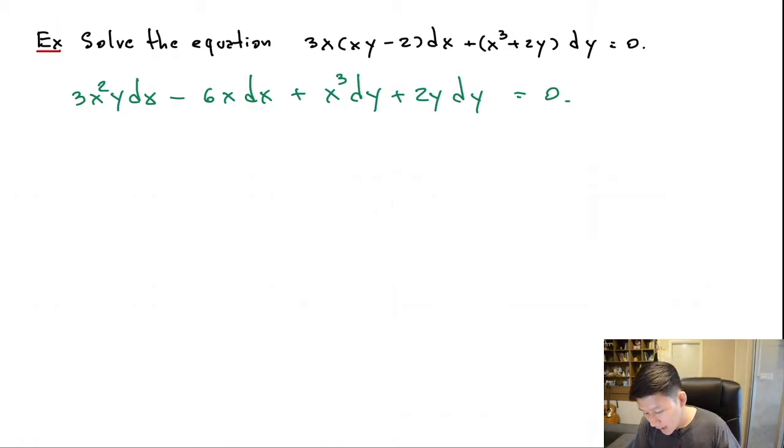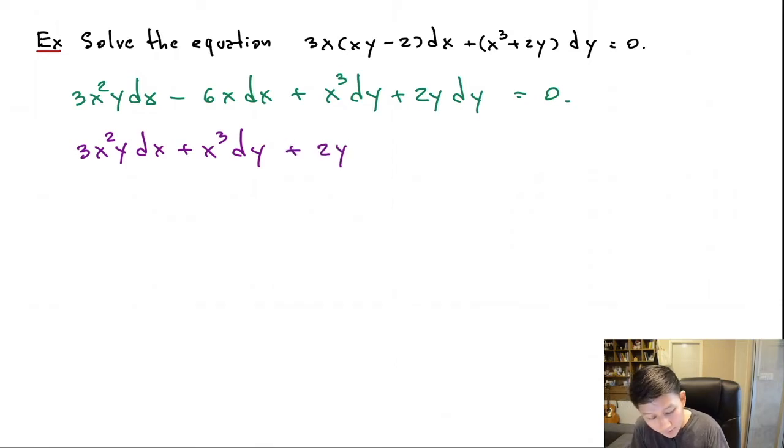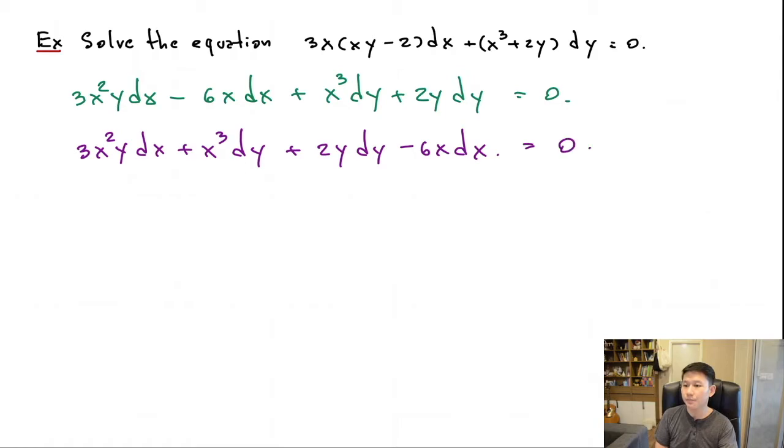And then I group this guy together. 3x squared y dx plus x cubed dy plus 2y dy minus 6x dx equals 0.